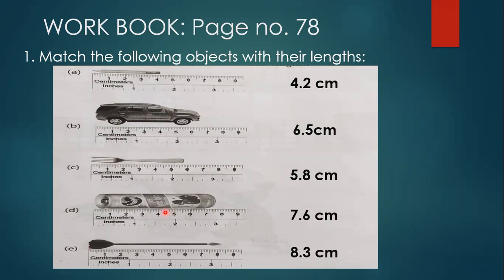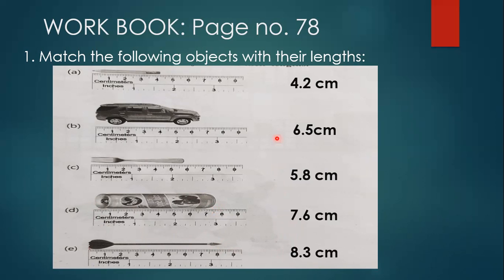And in the next figure, the length is 7.6 centimeter. Here the 0 is coinciding with the 0, and the other end shows the sixth line after 7. So it is 7.6 centimeter. And the last figure, the length is the third line after 8. So it is 8.3 centimeter.